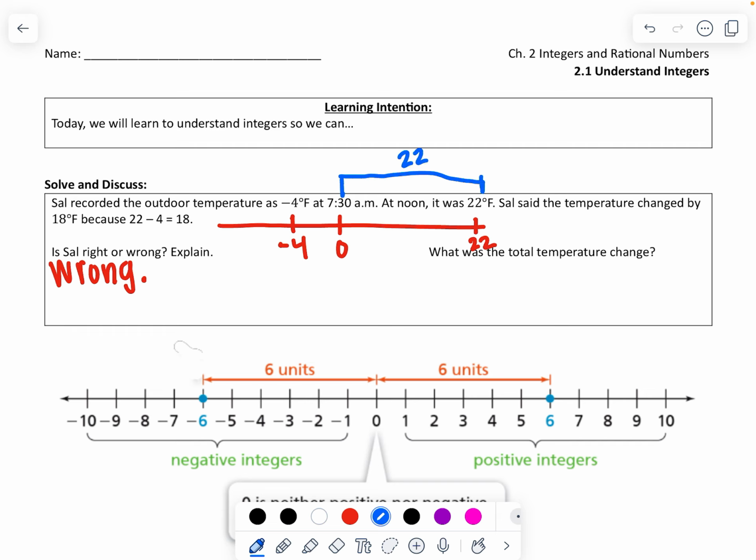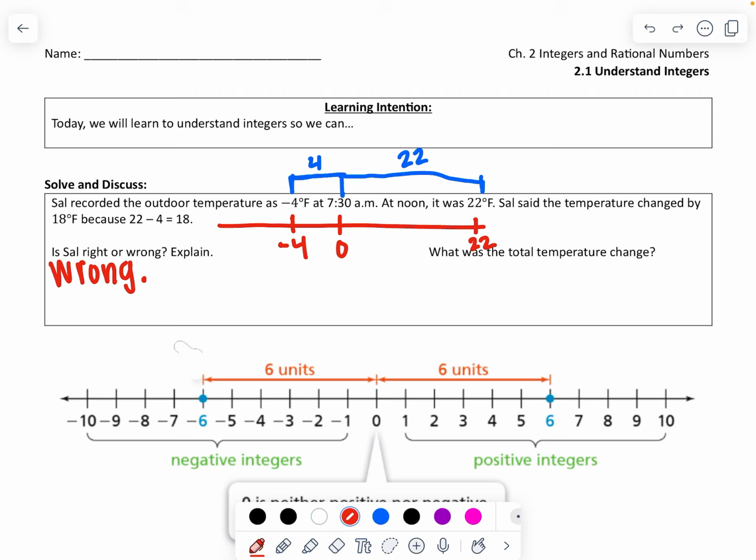But we also have this 4 right here. So to go from -4 to 0, that's 4. So we need to combine 22 plus 4 to figure out how much it changed altogether. Because to go from -4 to 0, that's 4 degrees. And then from 0 degrees to 22 degrees, that's 22 degrees. So we have to add both of those numbers up.